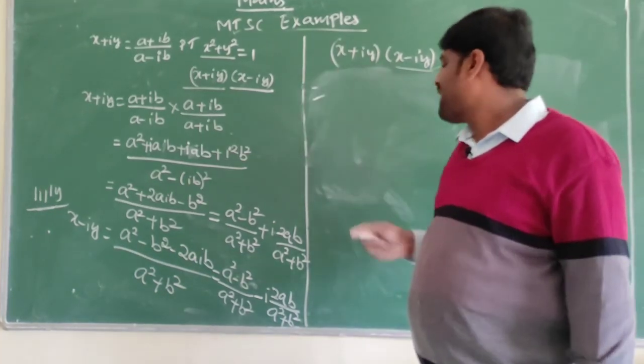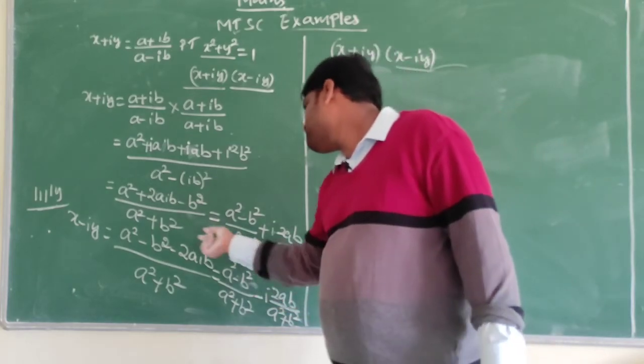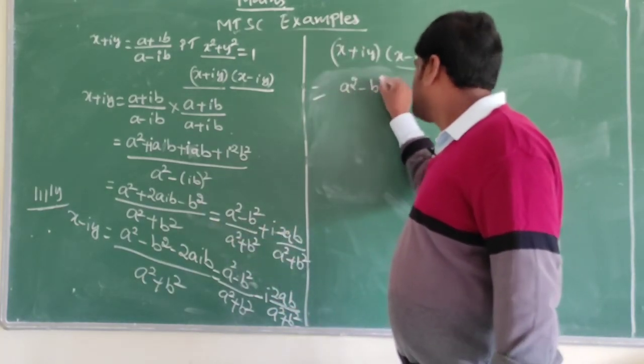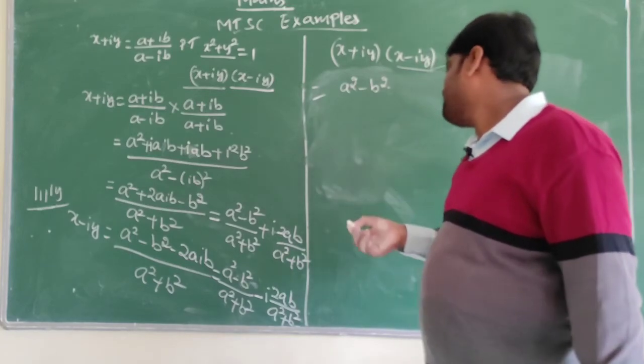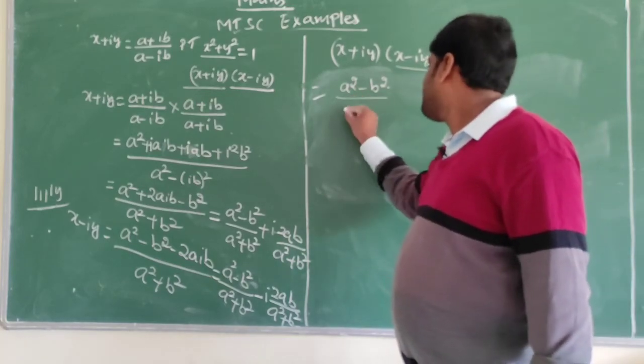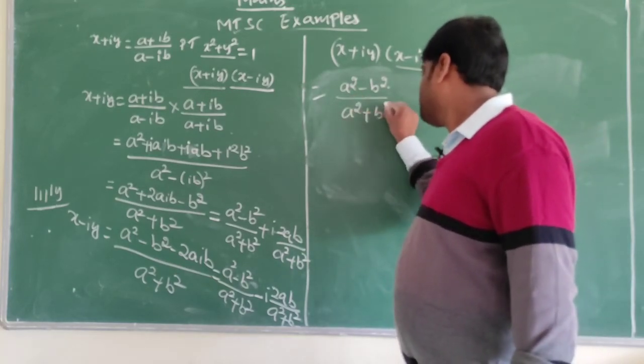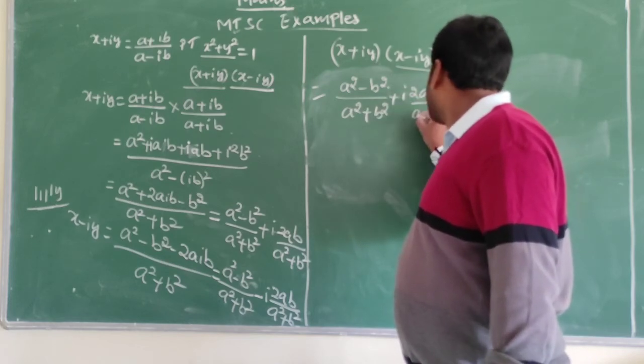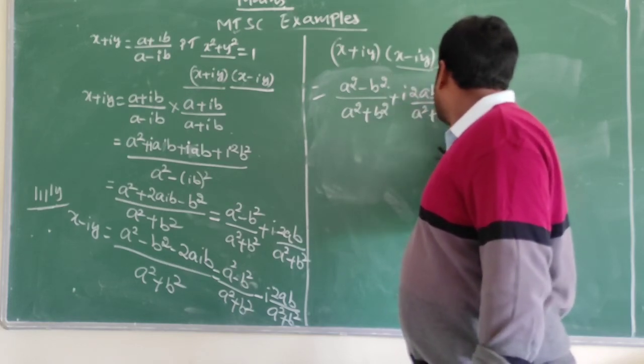So now x plus iy is (a square minus b square) divided by (a square plus b square) plus i into 2ab divided by (a square plus b square).